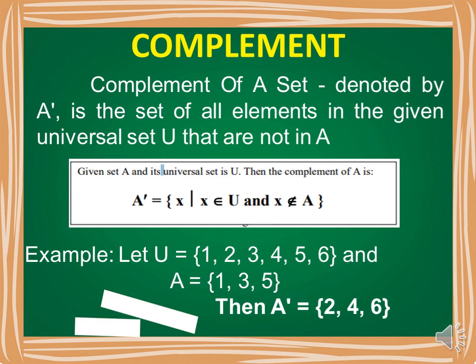So we have 2, 4, 6 only, because 1, 3, 5 are elements of A. Therefore, our answer for the A complement is the elements 2, 4, and 6.